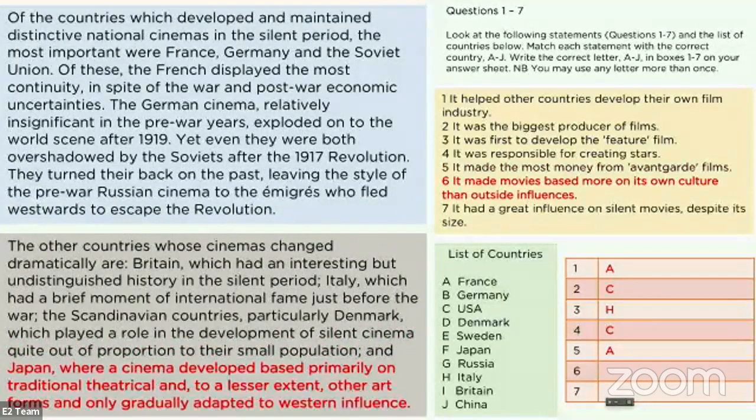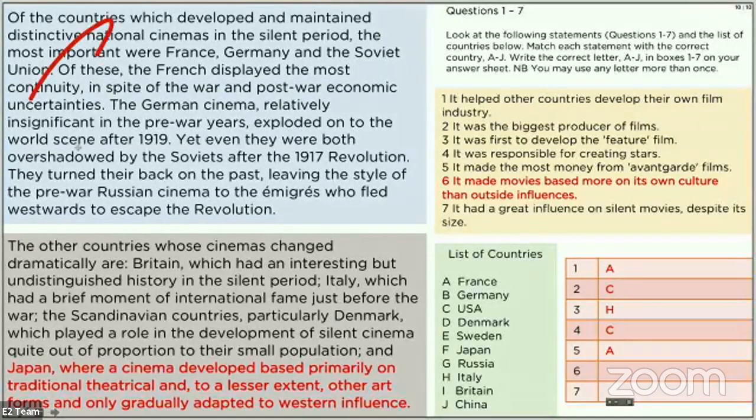Number 6. Now, this is the odd one that came after number 7. Which country made movies based more on its own culture than outside influences? Well, right at the bottom. Now, you'll notice that we did not use any of this paragraph here. No answers came from this paragraph, and that is possible. Now we're at number 6, and we're reading down here.